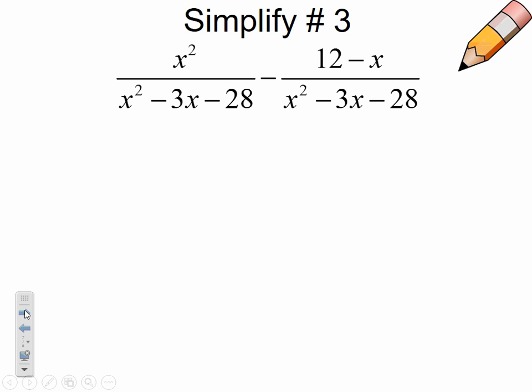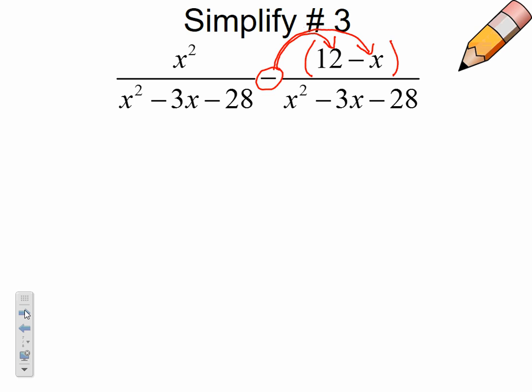I'm using subtraction, and whenever you do subtraction, you guys, you have to distribute that subtraction to both things. So it's going to go here, and it's going to go here. So it has to go to all the terms in the second fraction, okay, in that numerator.